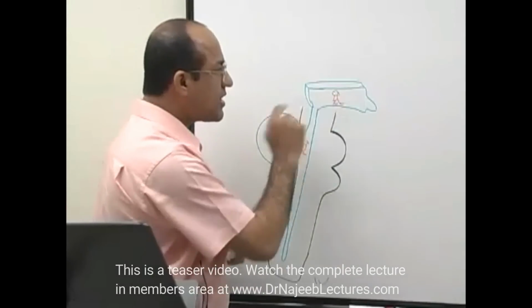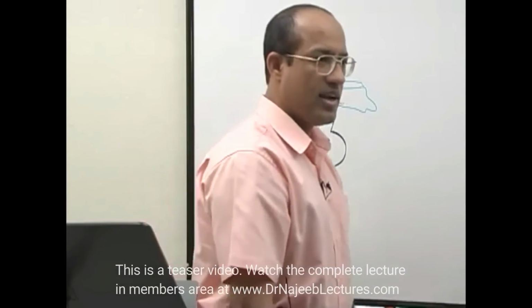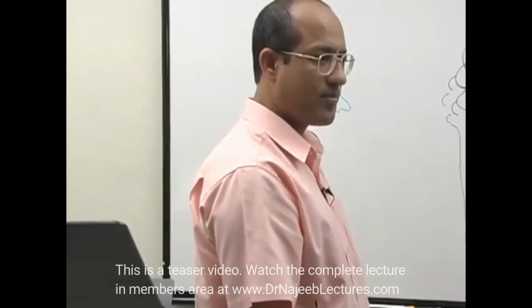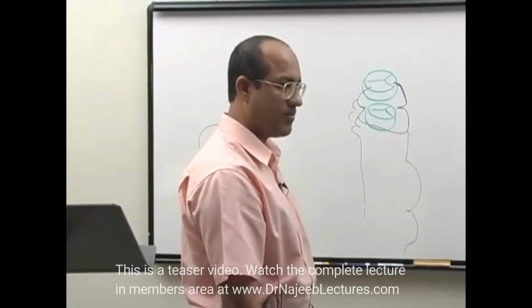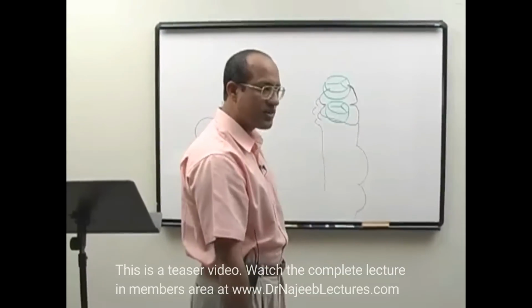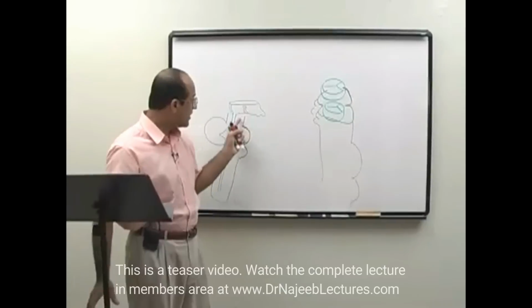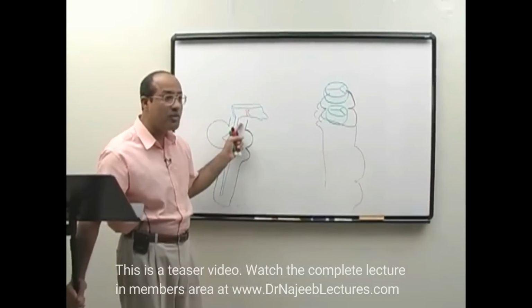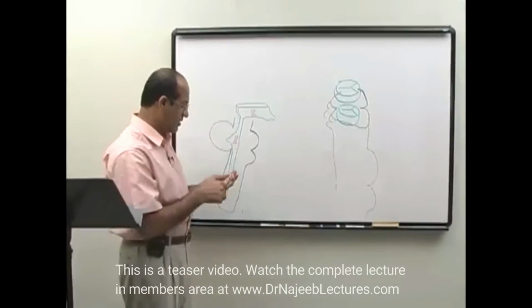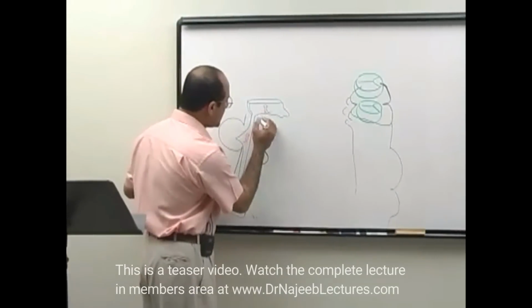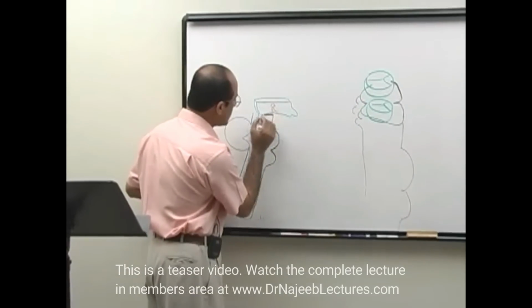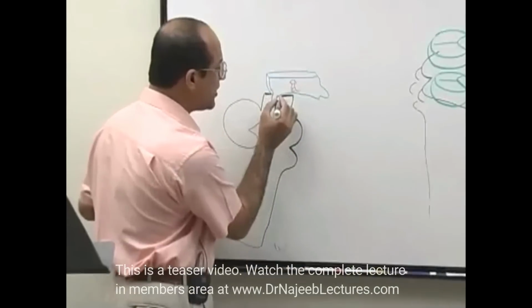Let's suppose I am standing in the third ventricle. Under my feet, what is the structure? What is inferior to me? Here it is the midbrain.